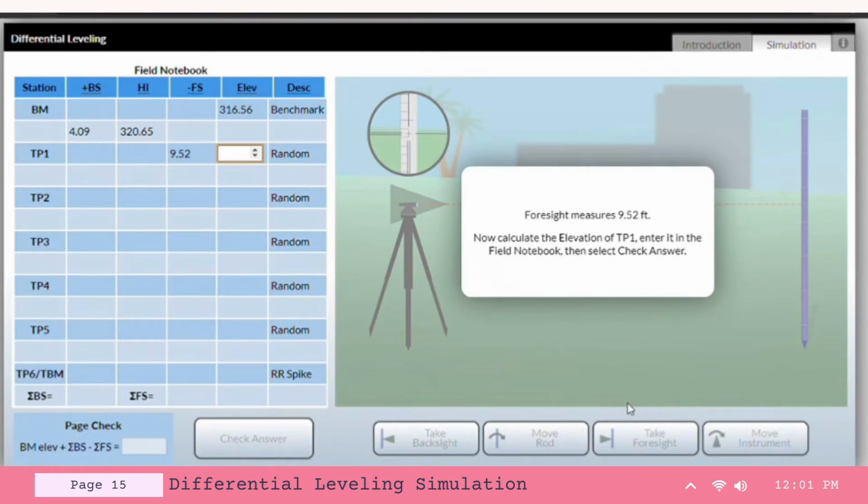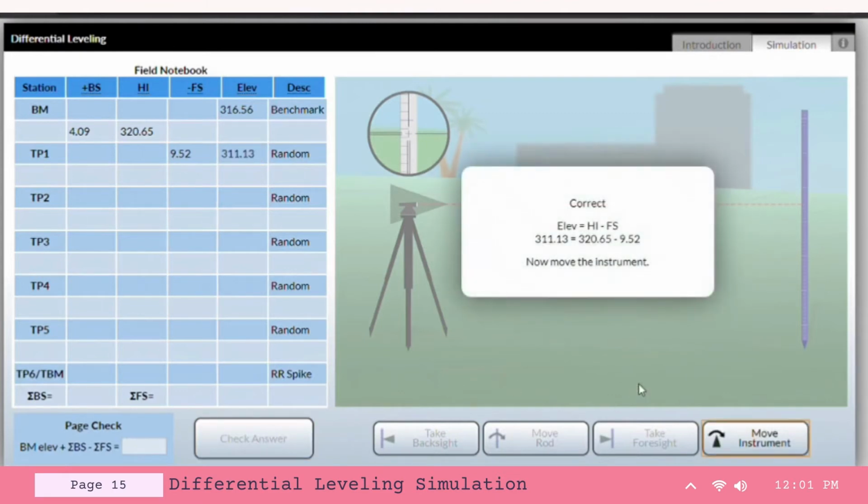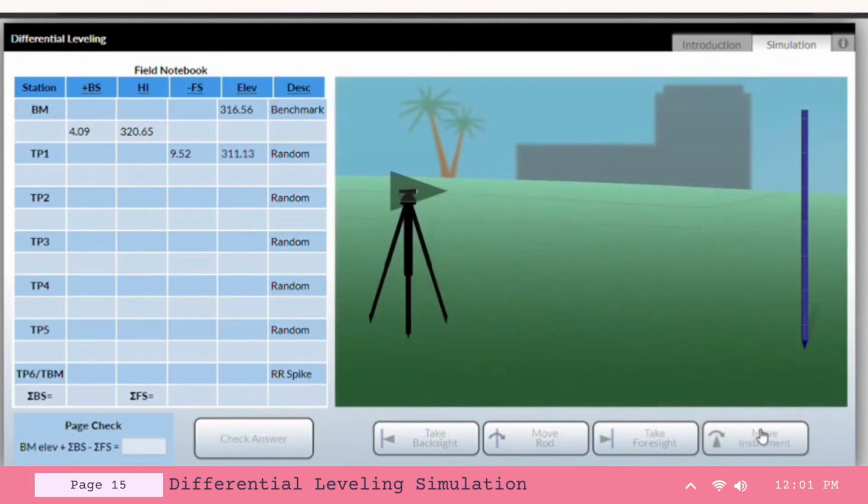Using this, we can calculate the elevation for turning point 1: 320.65, the instrument height, minus 9.52. So 311.13 will be the elevation for turning point 1. Check answer. Correct. We now move the instrument.